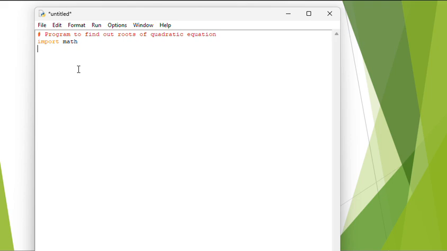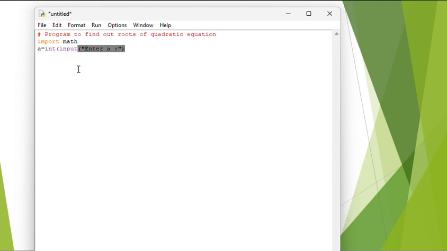We need to read the value of all the three coefficients a, b, c. We will be using the variables which are already there to be used, having some meaning. Input, enter a. So we are entering the value of a here.